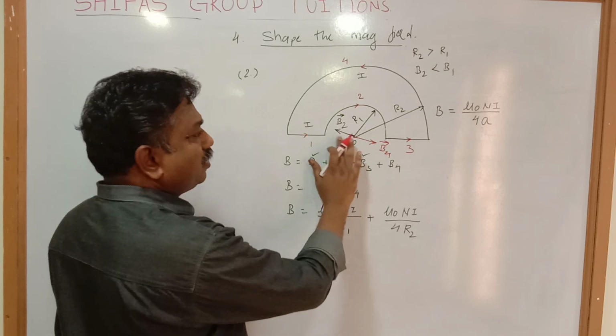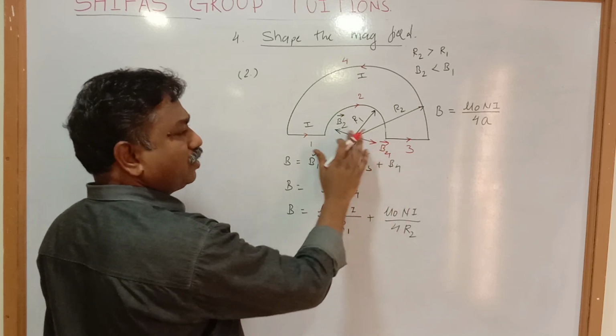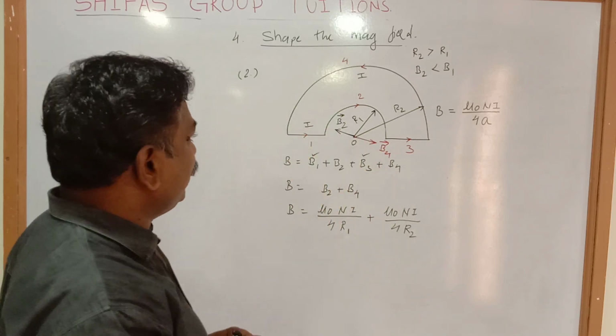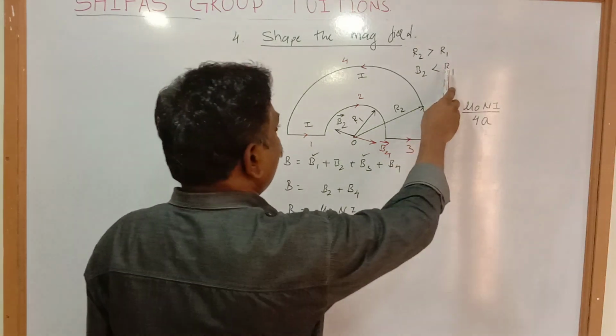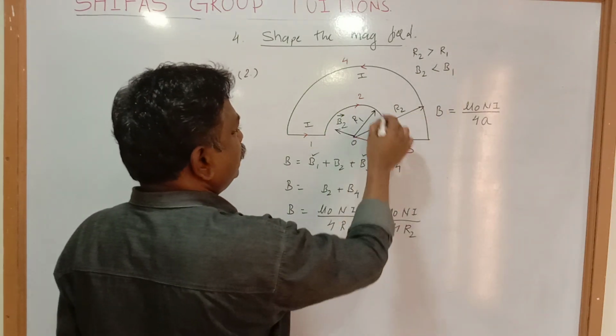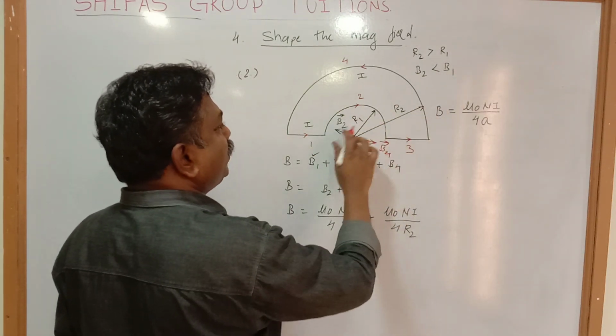Whether B2 is greater or B4 is greater, the magnitude of the magnetic field. This part is producing the magnetic field B2.